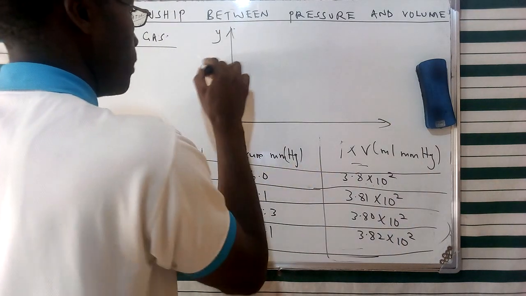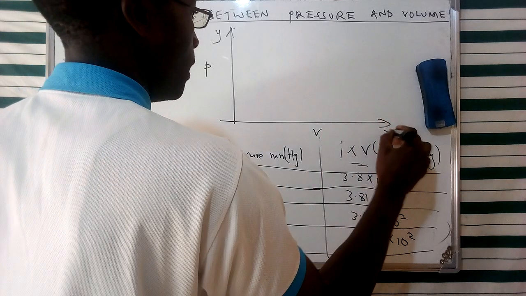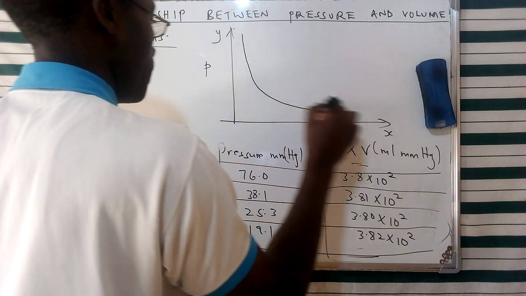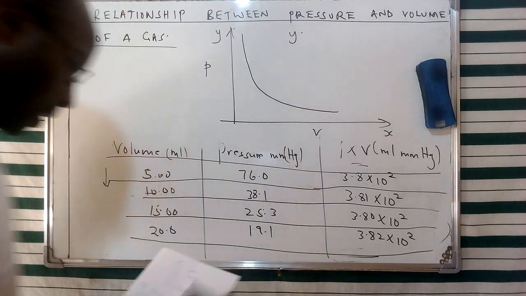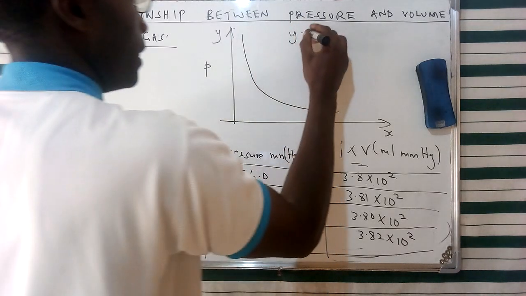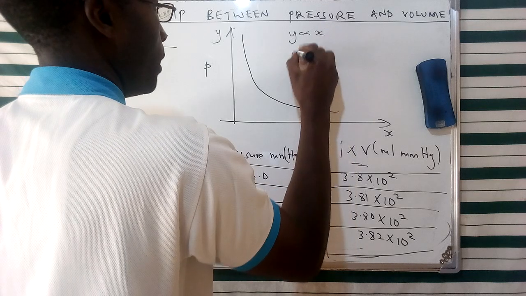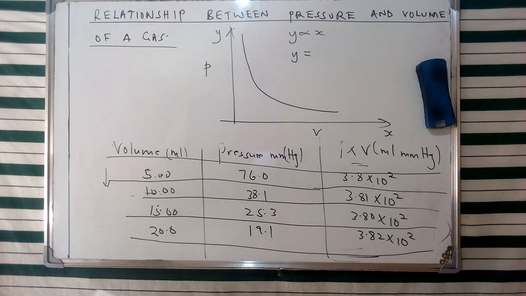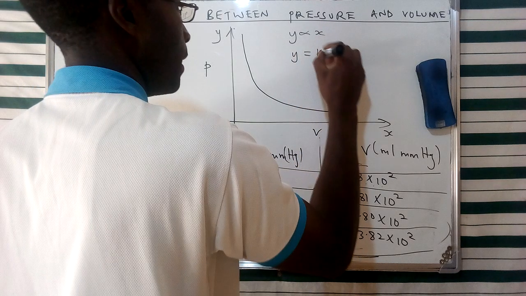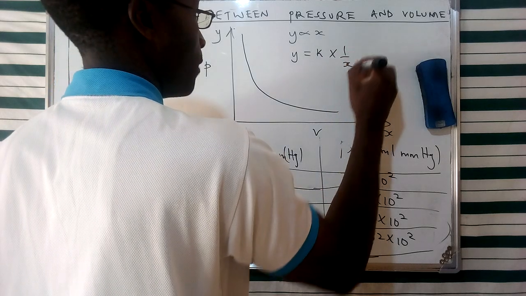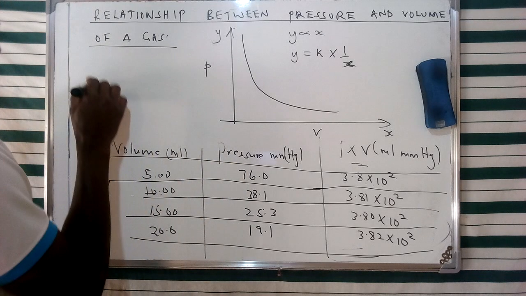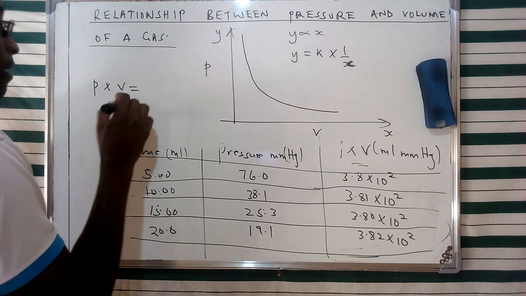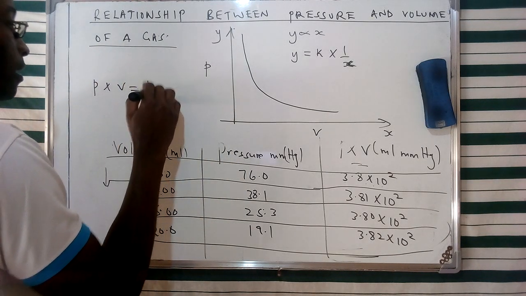So this is going to represent pressure and volume, and we're going to have a graphical representation given in that order. So we're going to have y proportional to x, whereby y is equivalent to k times 1 over x. This represents the concept that if we have pressure times volume, then we are going to have a constant given as k.